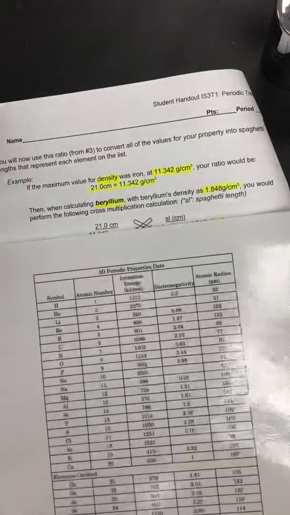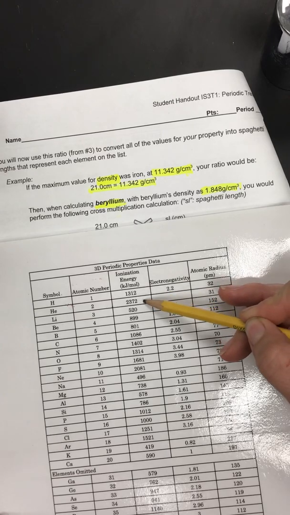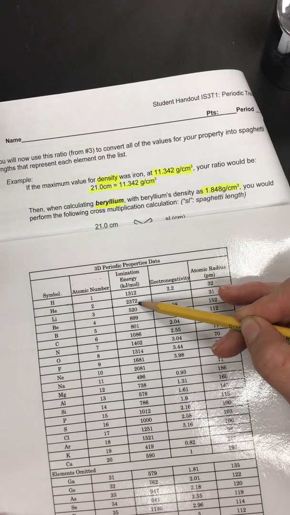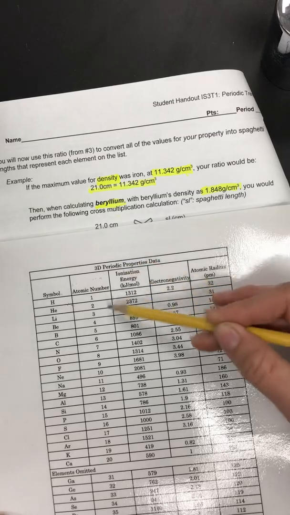And if you're having a hard time remembering that, here it is. So here is our ionization energy, and our maximum ionization energy happens to be on the periodic table, atomic number 2. So that's why I chose this one. It's just right there near the top of the table, so you can see exactly where I got that.